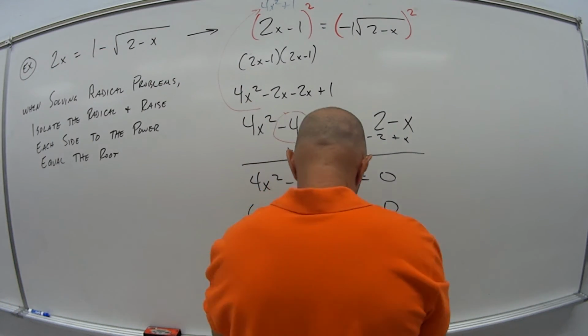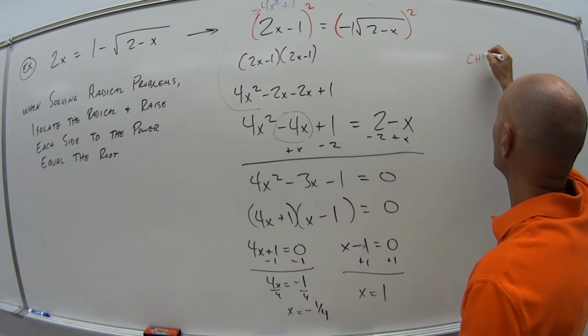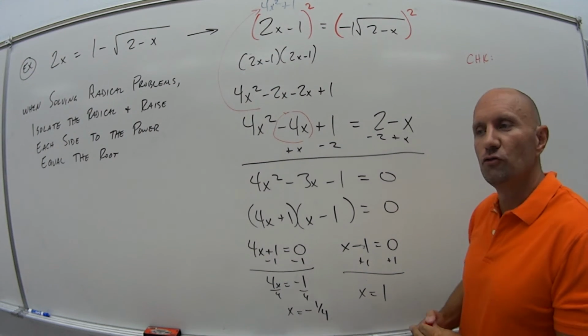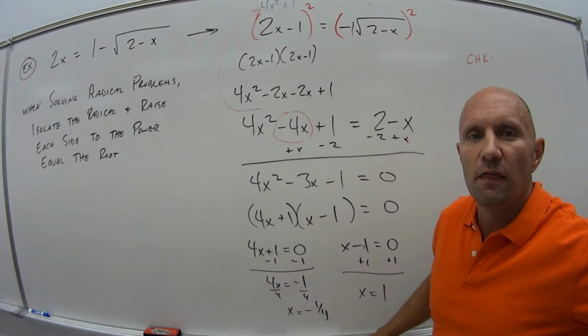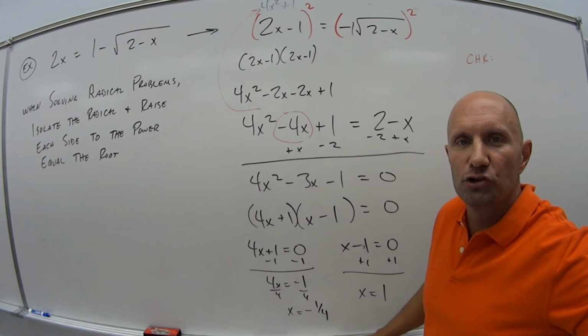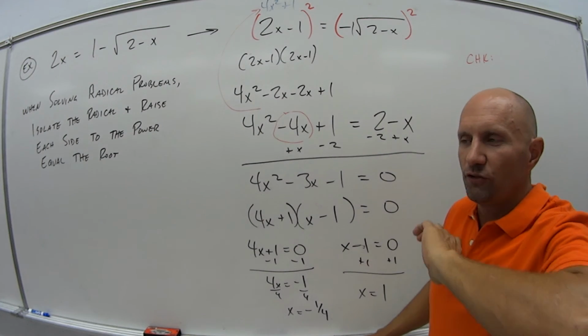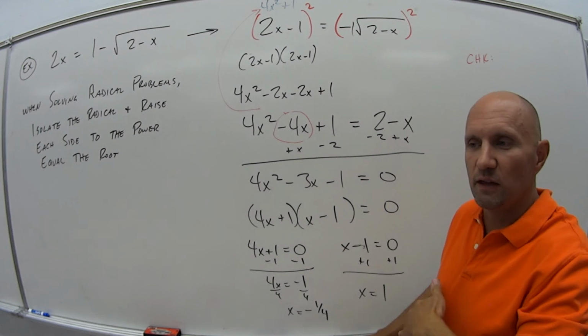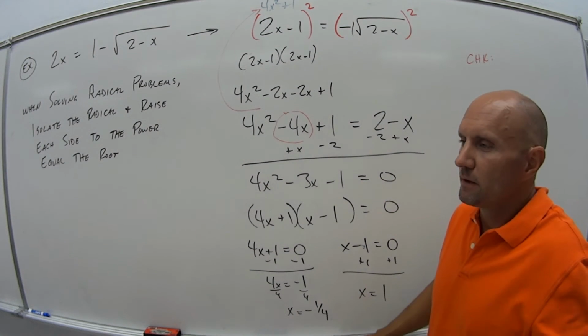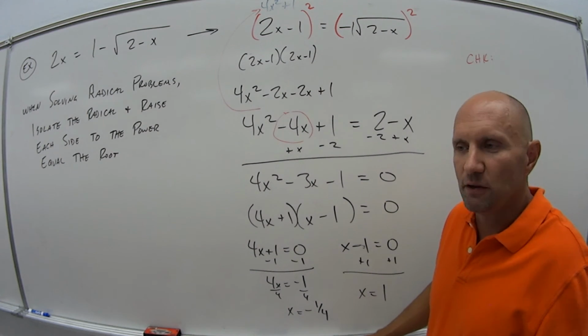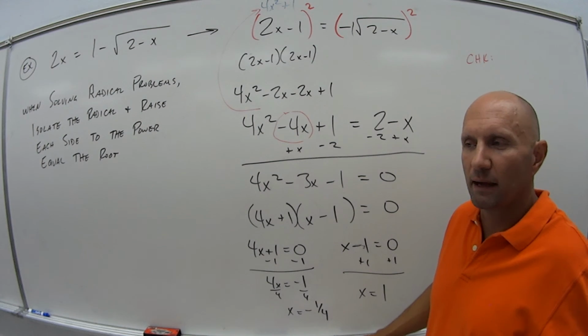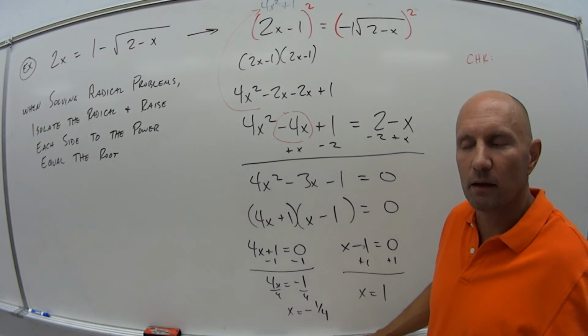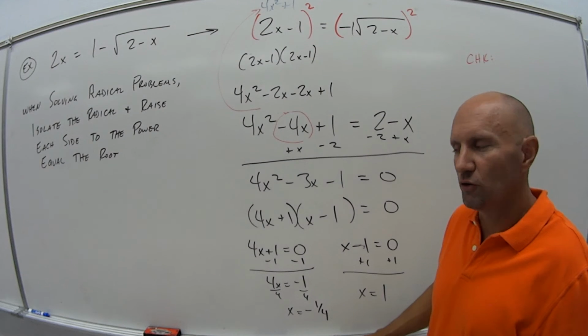So let's do this in red so we can see this is checking our work. And when you're doing this, I prefer that you write out the work showing that you checked it. Don't just say, like if it's on an exam and I don't see that you actually checked your work, I don't know if you did or not. I'll probably take a point off, and don't come back the day later and say, oh, I just did it in my head. I don't want you guys doing math in your head.